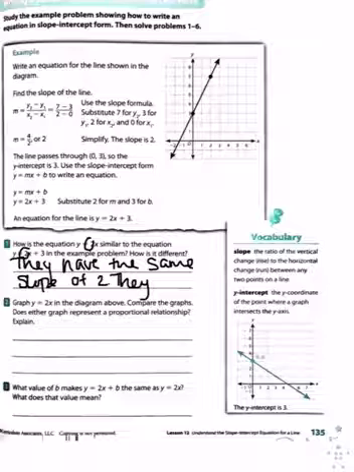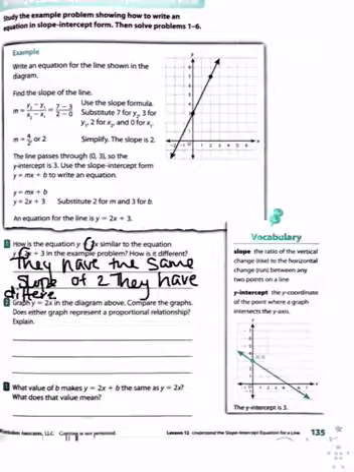They have different y-intercepts. One of the y-intercepts is 0, and one of the y-intercepts is 3.